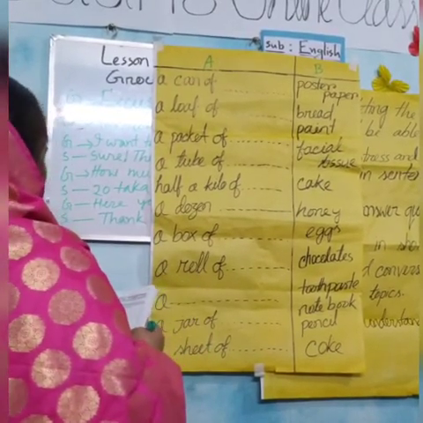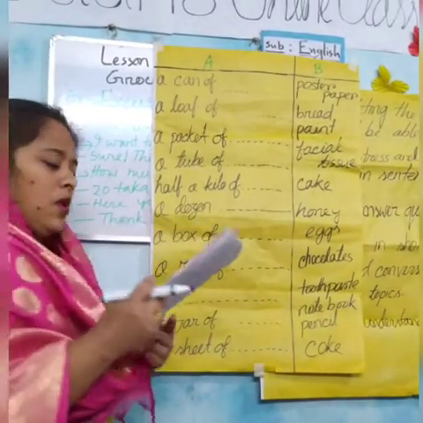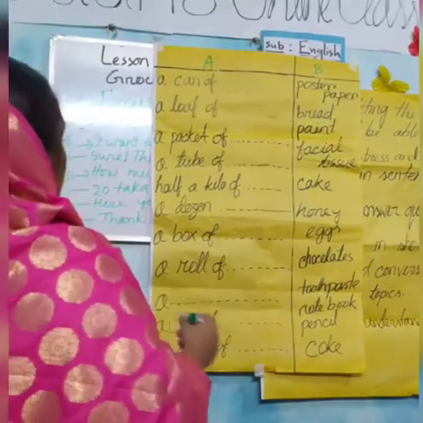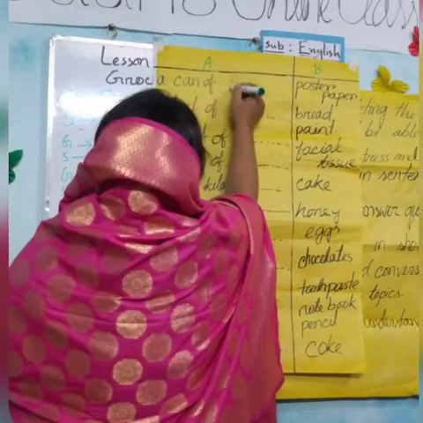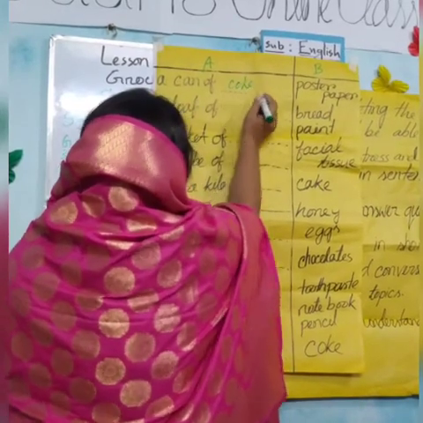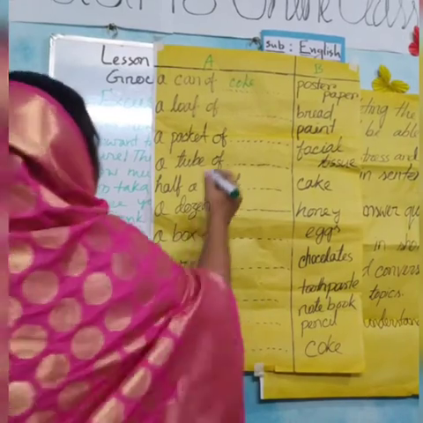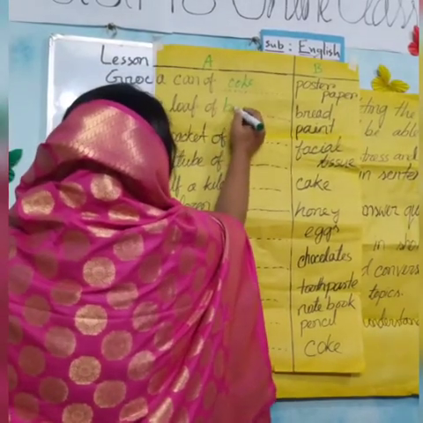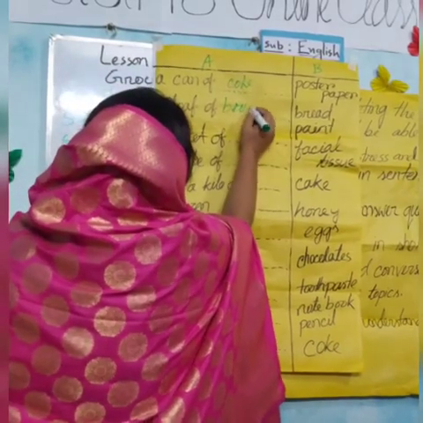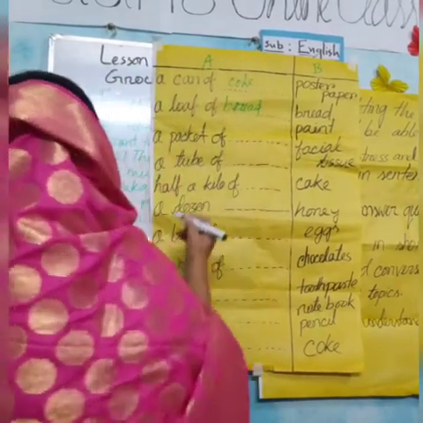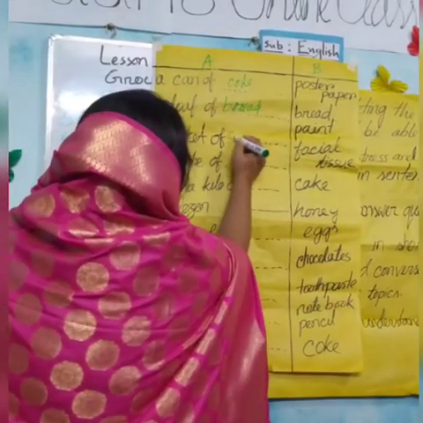So, a can of... here the possible answer of activity B1 and C is a can of Coke. Then a loaf of bread. Loaf means tukro. A packet of chocolate.